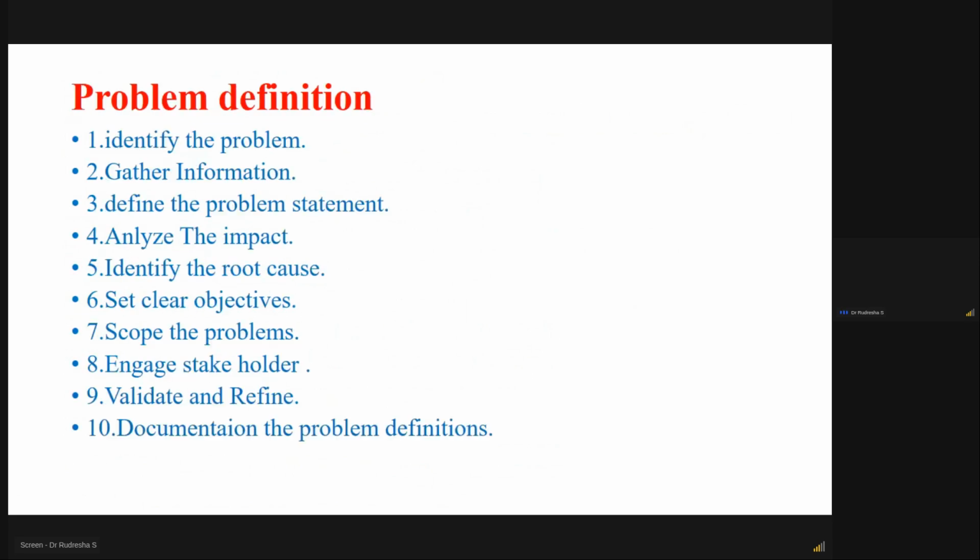Problem definition. Identify the problem, gather the information, define the problem statement. You want to define the problem statement. What is it about defining the problem? First, whatever problem is there, you want to identify. How to identify the problem? See, first find out the gap.